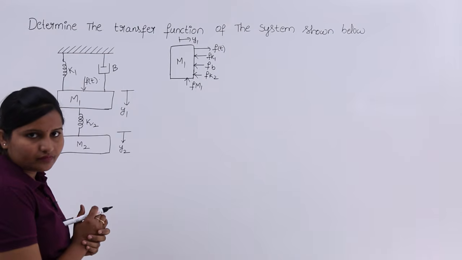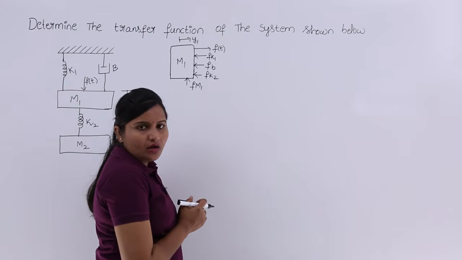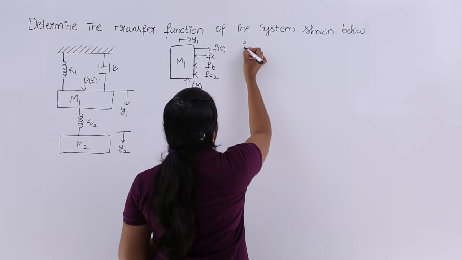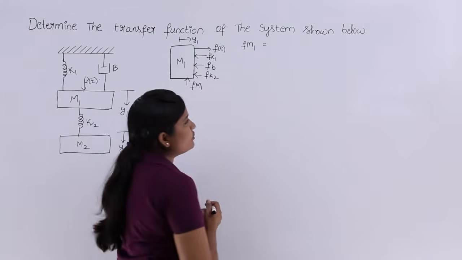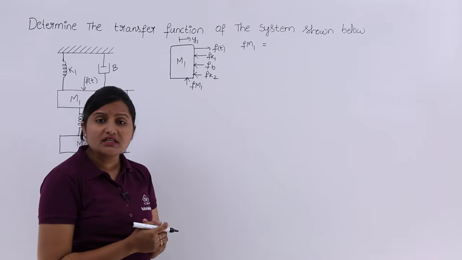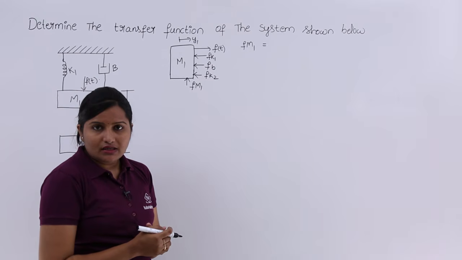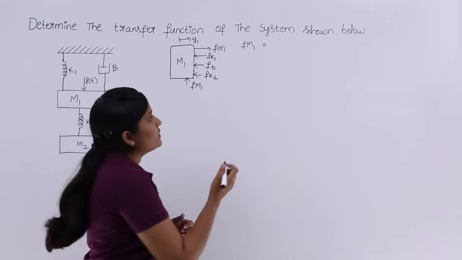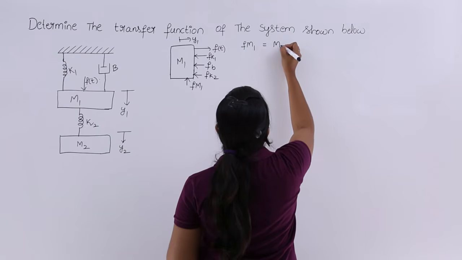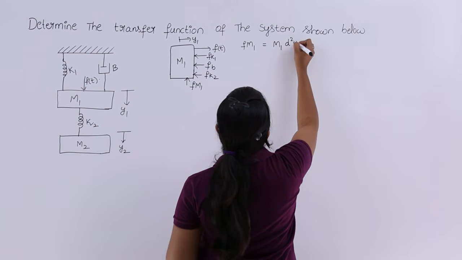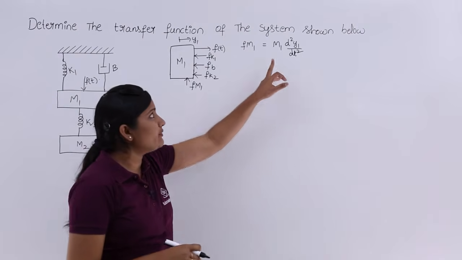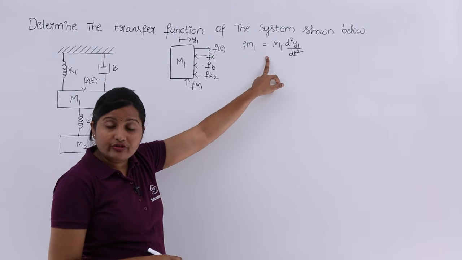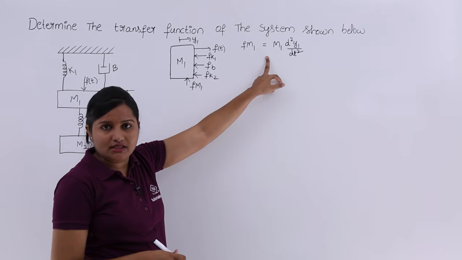Now we will see Fm1. We will write each and every one. Fm1 is related to acceleration, so that is equivalent to m1 times d squared y1 by dt squared. How I am writing this equation: we already covered it in the introduction class.